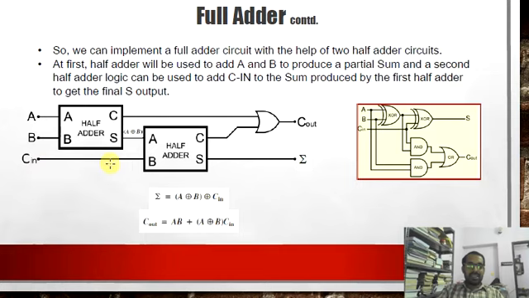The third input, that is the carry input from the previous state, is given as the second input to the second half adder, and the sum of the second half adder will be A XOR B XOR C in.